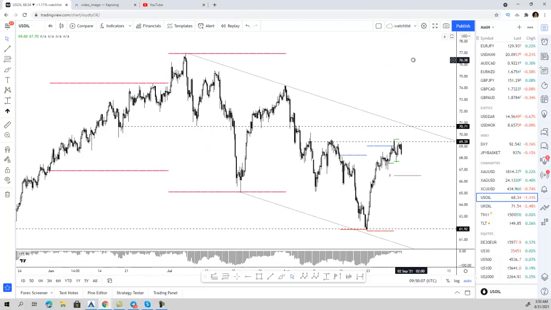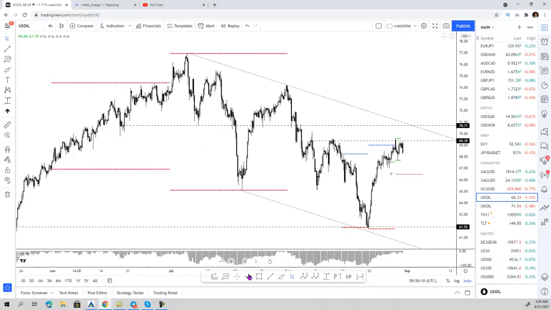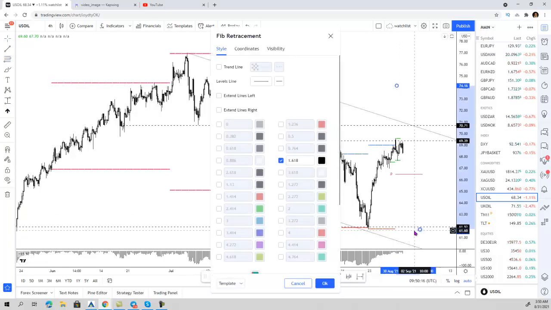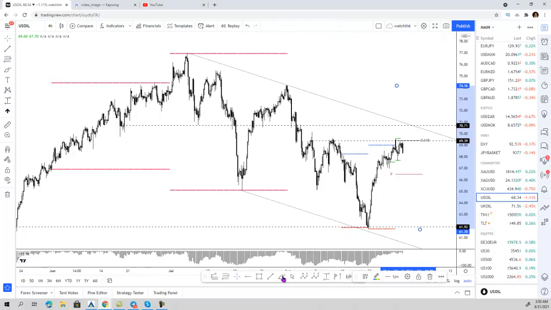So, let's talk about some pullback ratios, right? We're going to have a look at some Fibonacci clusters that are in play at the moment. So we have a pullback of exactly 61.8% of the last leg down. From this high until this low, we have pulled back 61.8%, right?